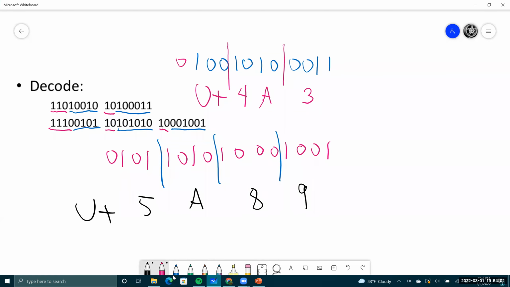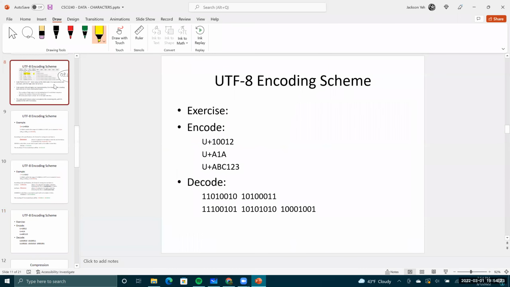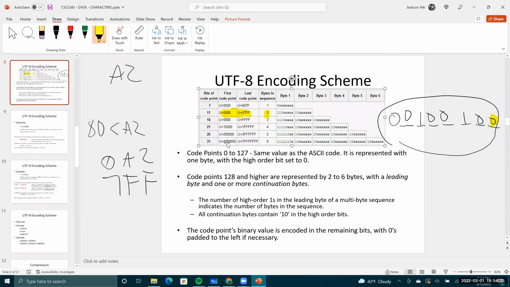Okay, there you go. So again, just remember groups of 4. This time working backwards, you create groups of 4 and then convert them to hex, and there you have it. All right. Hopefully, if you get any questions on the exam or on any exercises, refer to this table when necessary to determine how many bytes there are.